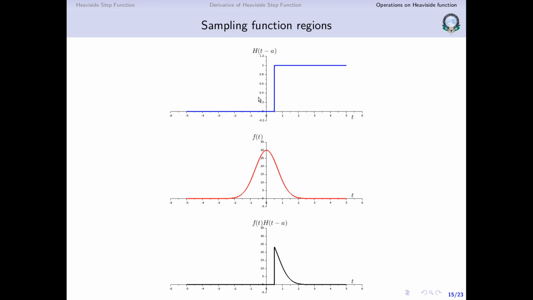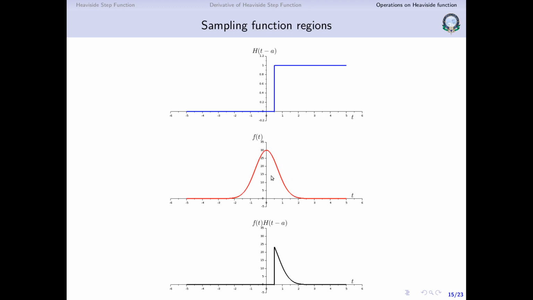So an example of that could be we have a step function here. Heaviside step function, a is equal to 0.5 here. So at 0.5 we'll have a step from 0 to 1, and this is the function f of t. It's a well defined function. In fact, this is a Gaussian distribution.